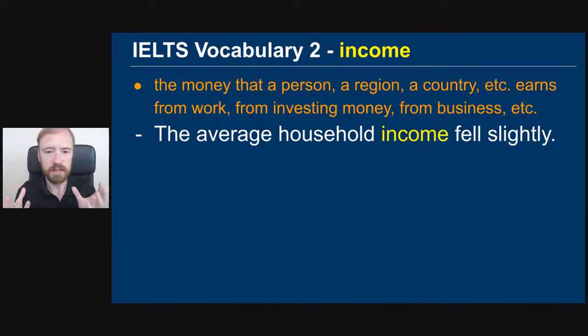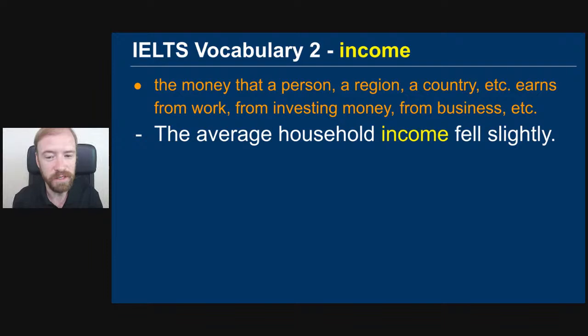So income is considered the total money that you are getting. Now, on a personal level, you can have a salary and maybe you have some investment. All of this together will be your income. Companies make money, but we'd never say a company has a salary.